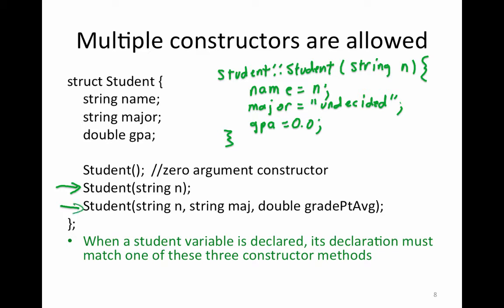Okay, maybe this one is for a transfer student. The student is already transferring in some courses, already comes in with a GPA. So this one, I'm not going to go through it, but you've already seen it, where you assign each of those parameters to the appropriate field in the struct. So this might be for a new student. This might be for a transfer student.